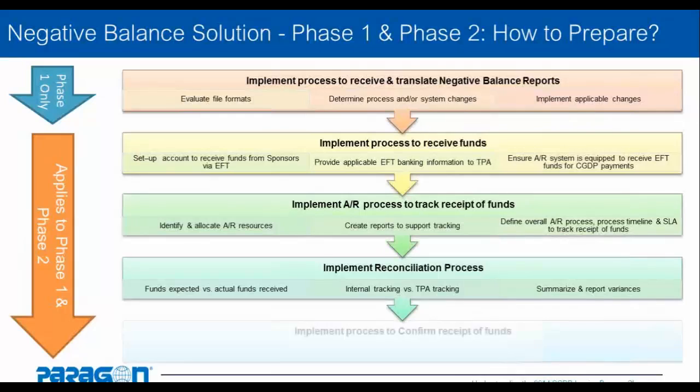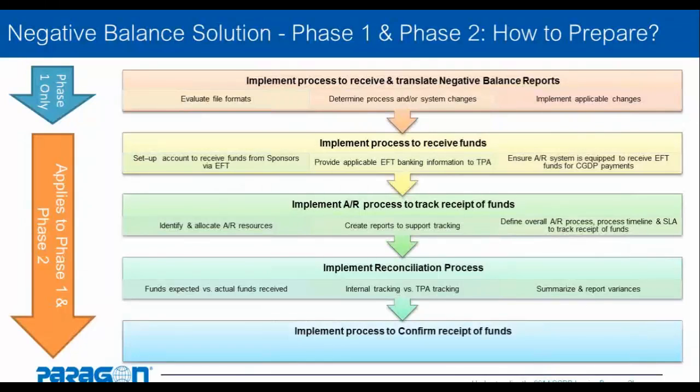The last area here that you'll want to implement is a process to confirm receipt of payments. For Phase 1, you will create a payment confirmation report to confirm receipt of payment of negative payments or non-payments of negative invoices.